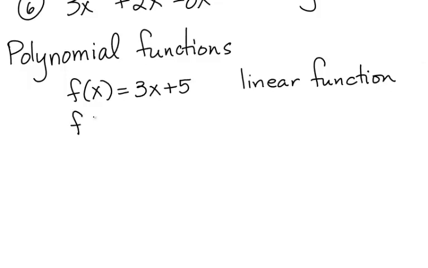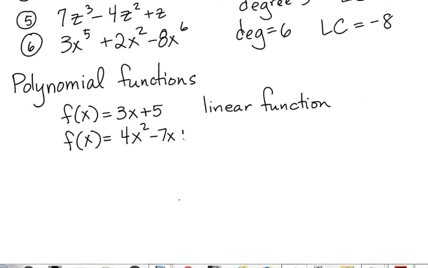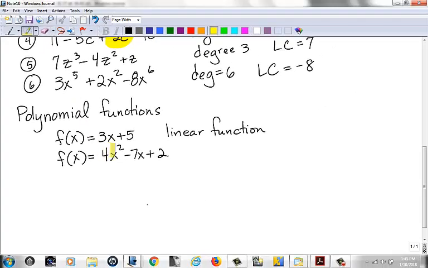Okay, and another one, f of x equals 4x squared minus 7x plus 2. You look at the highest degree term. If that highest degree term is an x squared, and we did this in the chapter before, we got the parabolas. So those are quadratic functions.